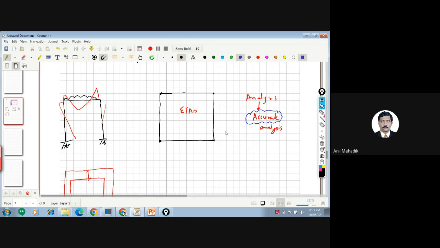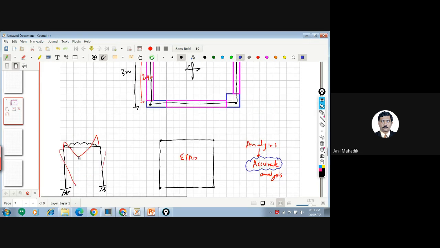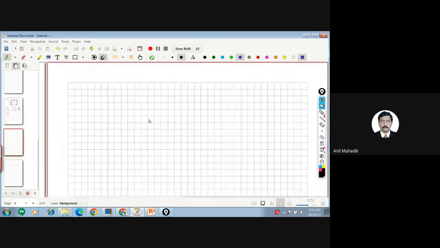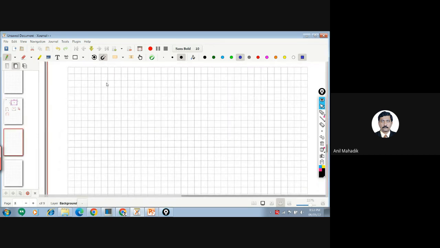So finally, what we are doing in structural engineering is that whenever you start anything, you start by assuming something. So assumptions is a very important word in structural engineering. Assumptions.